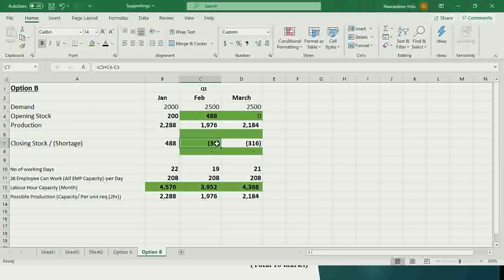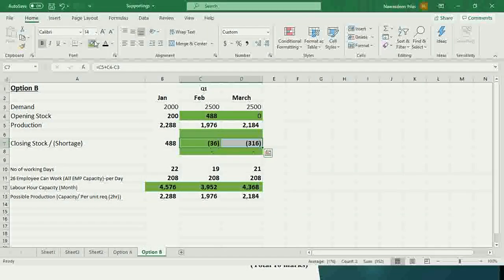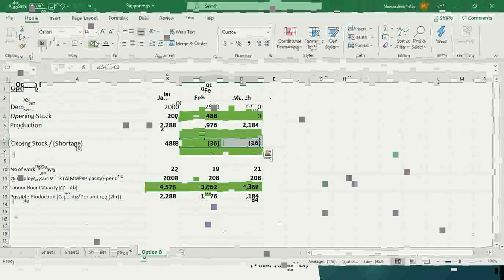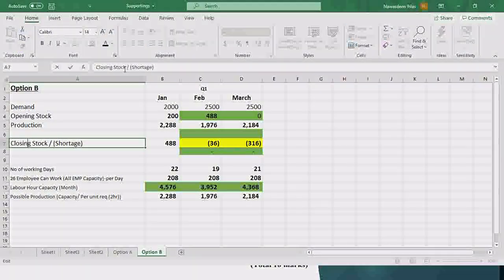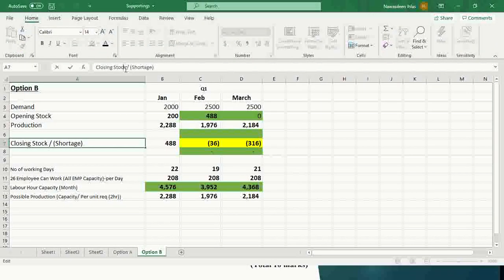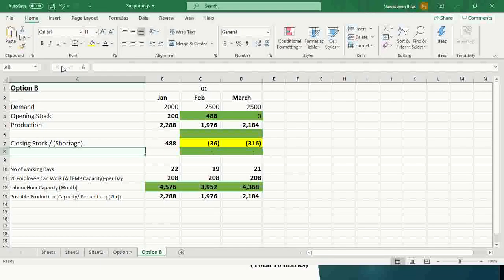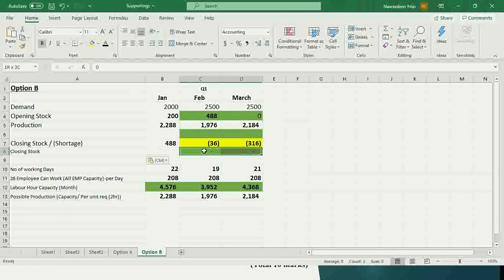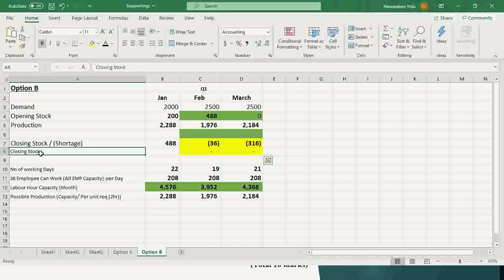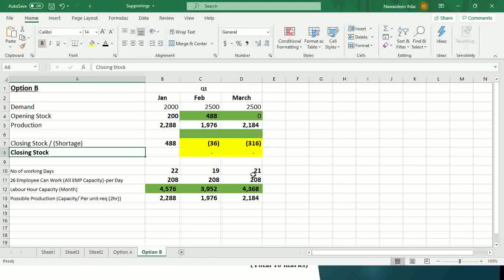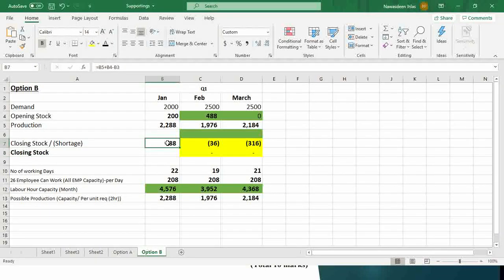So these two are stock shortages. These are the closing stock for February and March in this scenario. Clear? Alright. Now we can find these are the closing stock available in January.